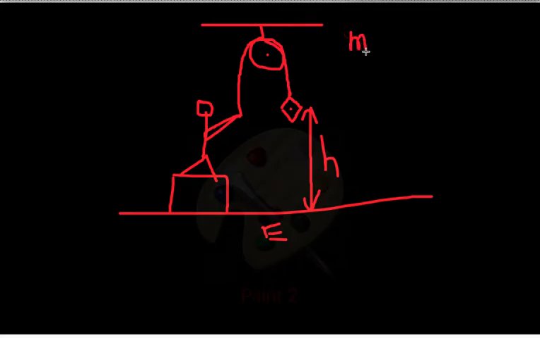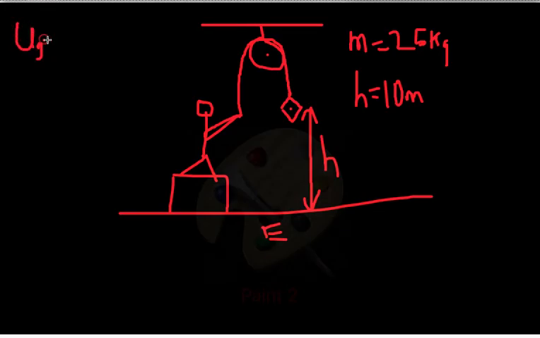So our mass is 25 kilograms. And let's say h is a height of 10 meters above the ground.